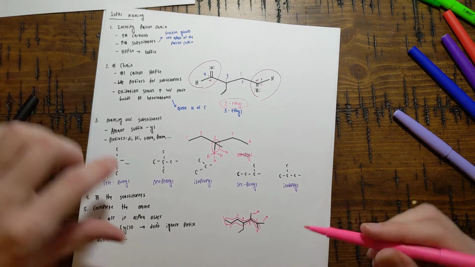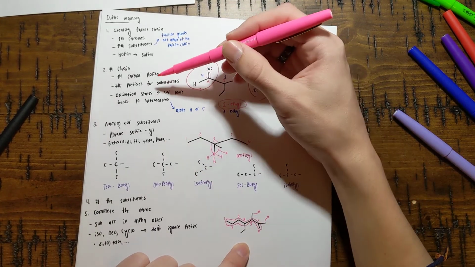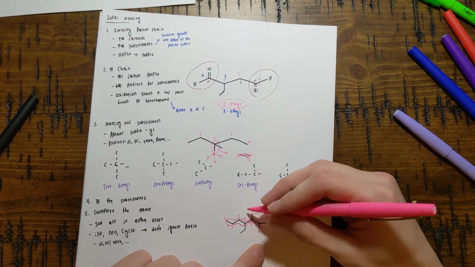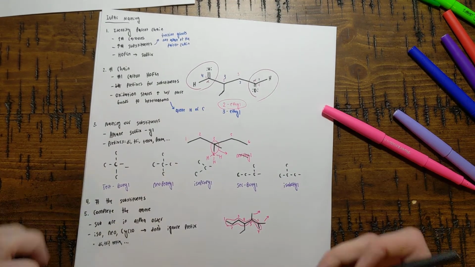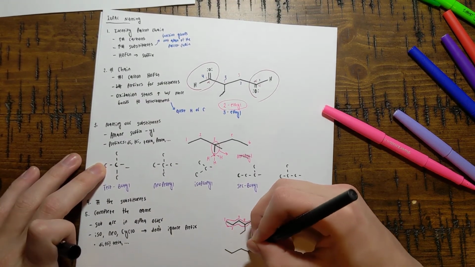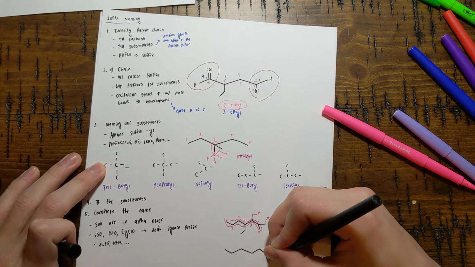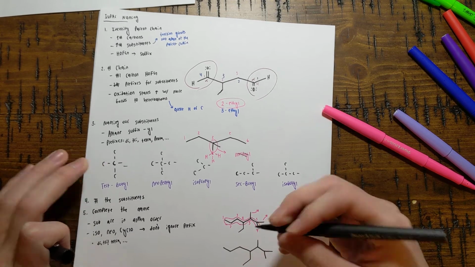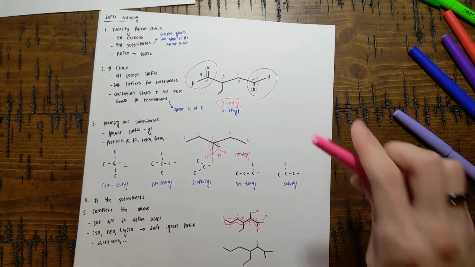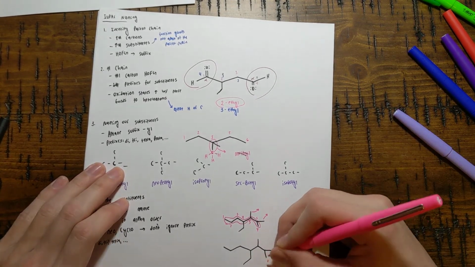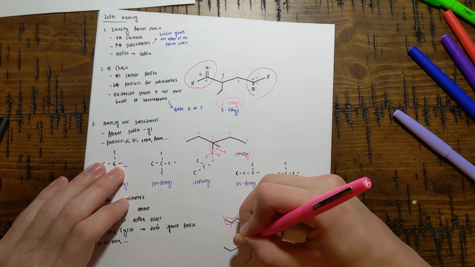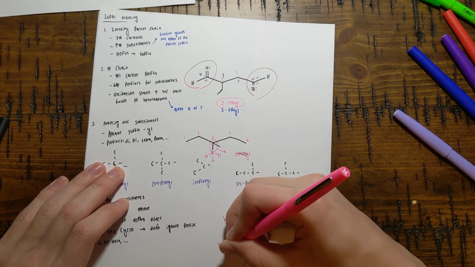I want to number it such that the prefixes for the substituents are the lowest, but if I do it this way, I get the highest. So I'm going to redraw the molecule like that. We're going to number it correctly this time. So this can be our 1, 2, 3, 4, 5, 6, 7.